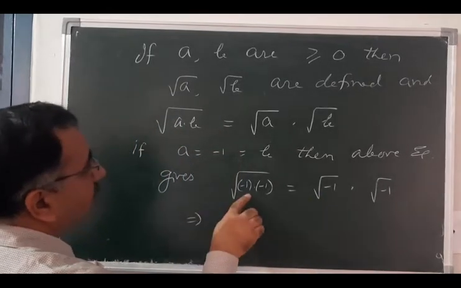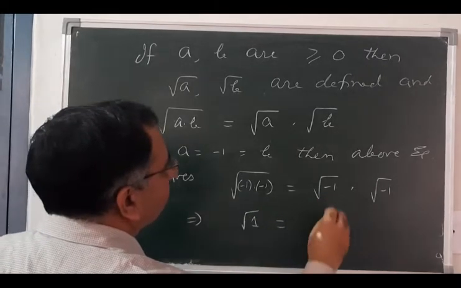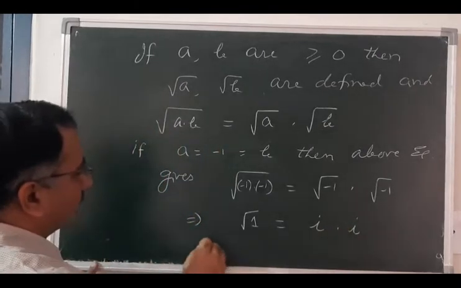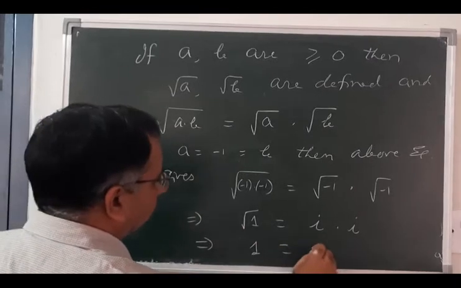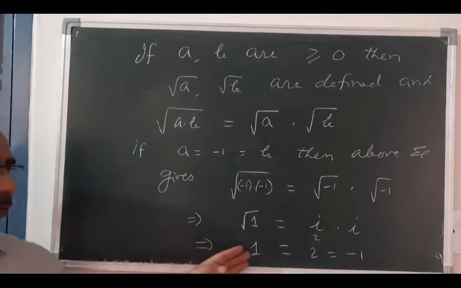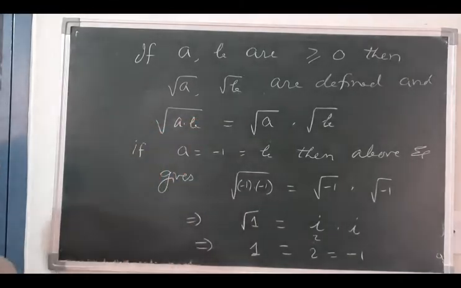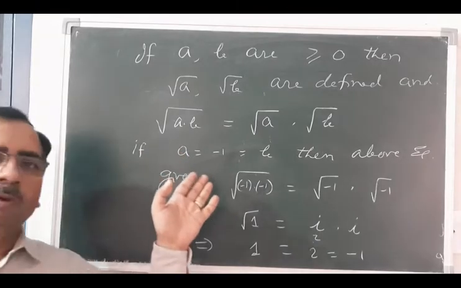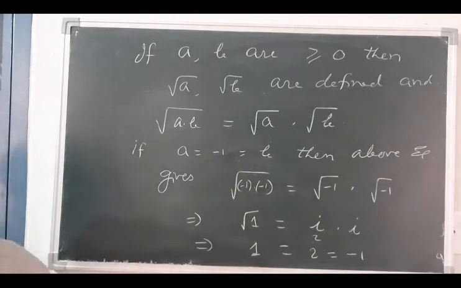So this implies -1 into -1 is +1, and square root of -1, you know, this is iota, this is iota. So this is square root of 1, which is 1, and this is iota square, which you know is -1. So 1 is equal to -1 if I assume this relation for negative values. So this relation is assumed to be true for the set of positive real numbers.